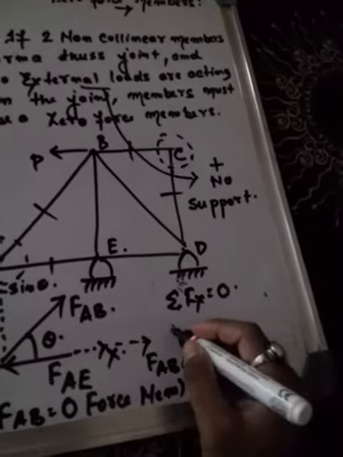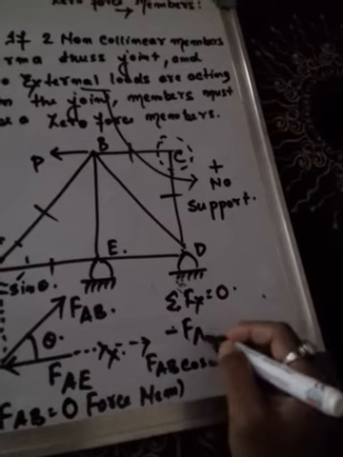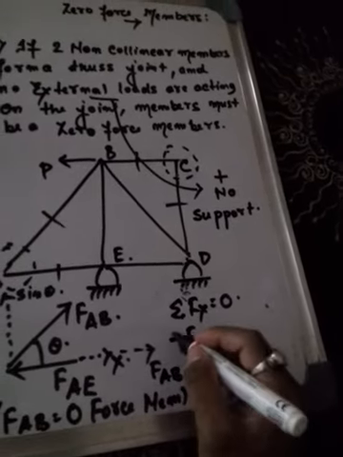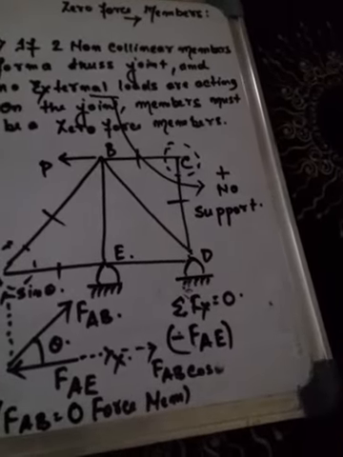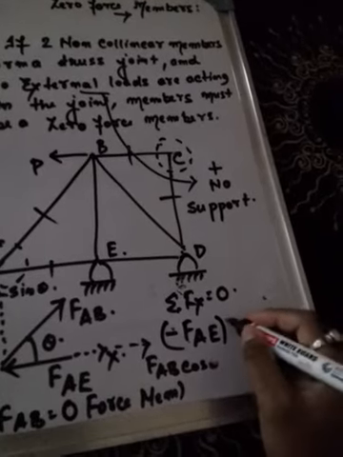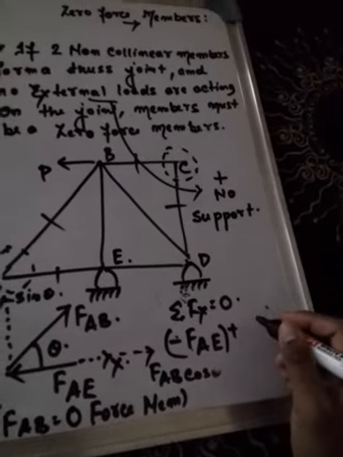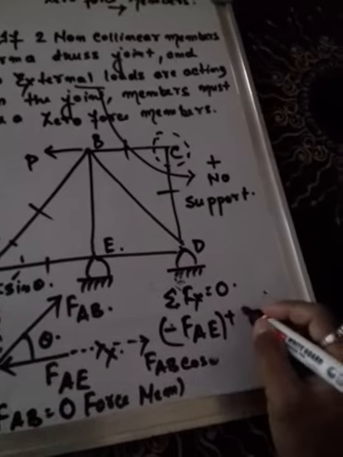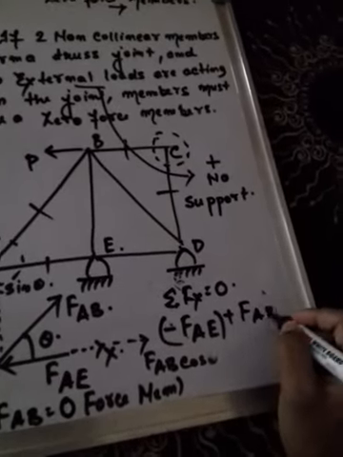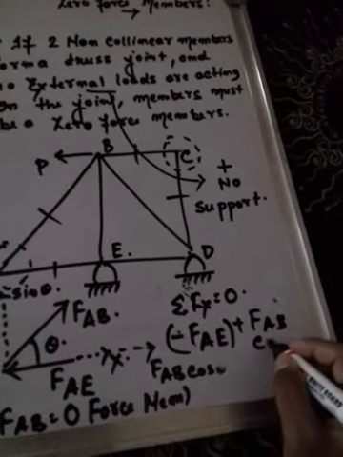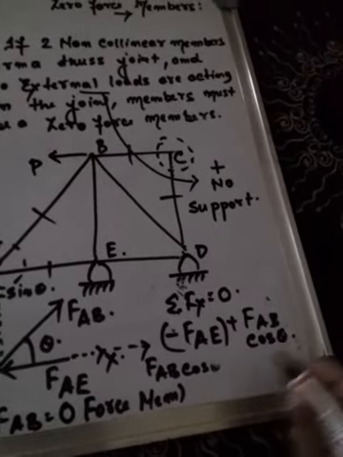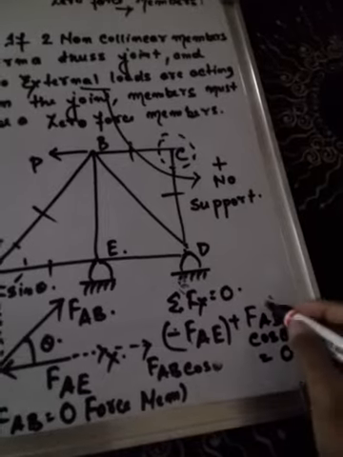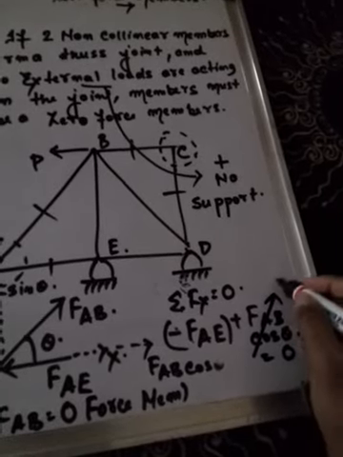We will get minus F of AE, as AE is going in the negative x direction, plus F AB into cos theta. But we know that FAB is equal to 0, so this term will be equal to 0.